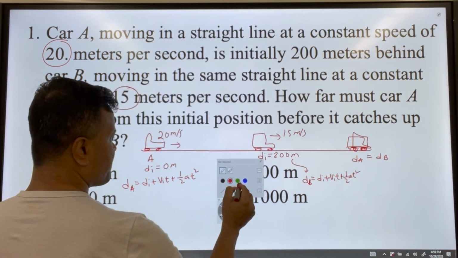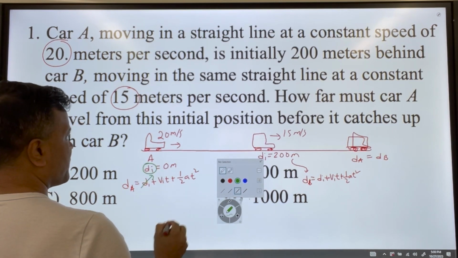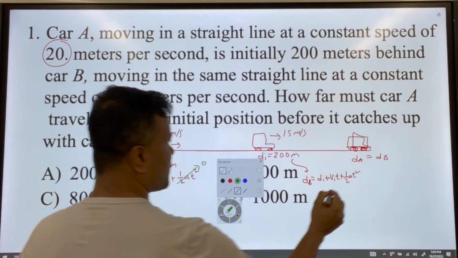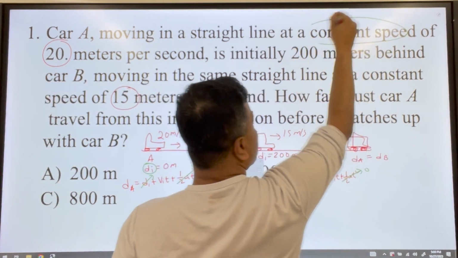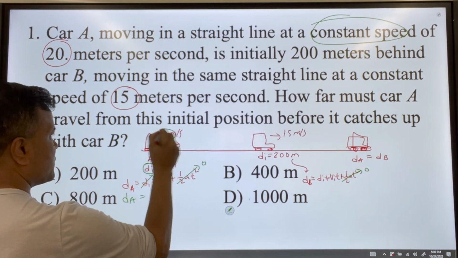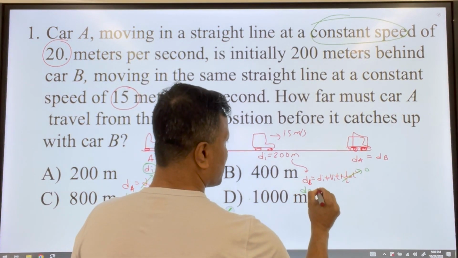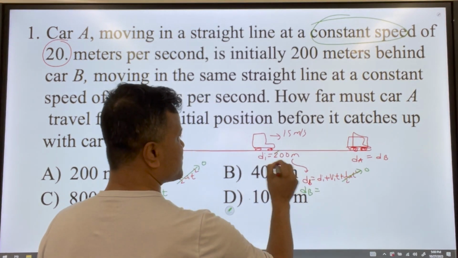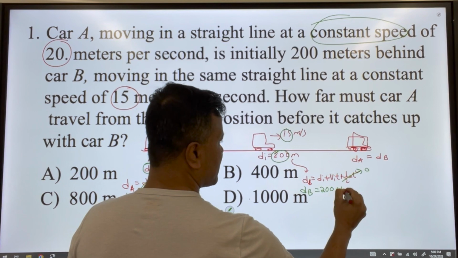So now we see that DI is 0 for car A. Acceleration is 0 for both because the objects move with constant speed. So dA is equal to 20t. dB is equal to DI, which is 200, plus 15t.